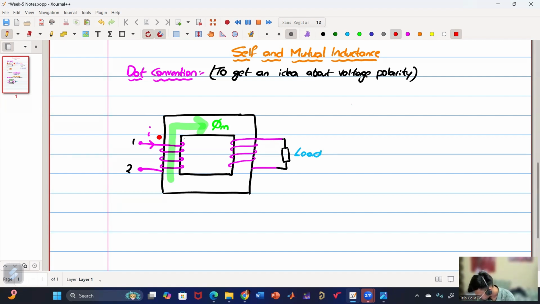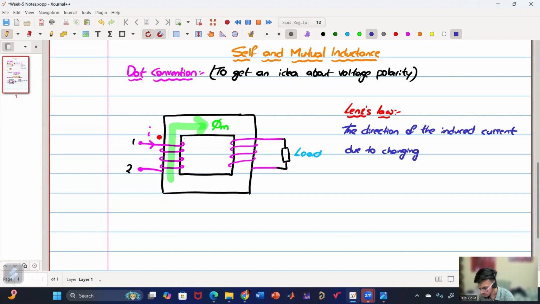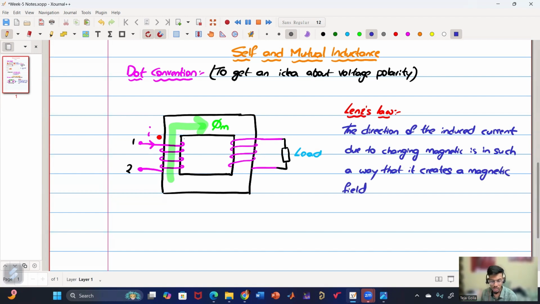So Lenz law says the direction of the induced current due to a changing magnetic field is in such a way that it creates a magnetic field which opposes the initial changing magnetic field.